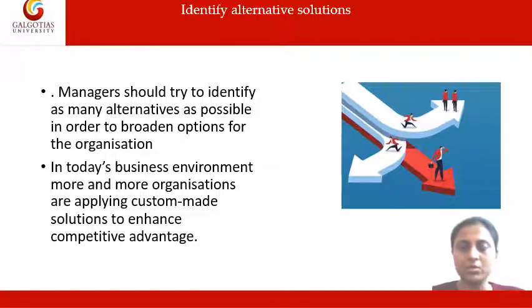Here also, while managers are generating or listing down their alternatives, they can either look for some ready-made solutions that have already been tested and tried, or they can look for some custom-made solutions that will have to be designed specifically for the problem at hand.